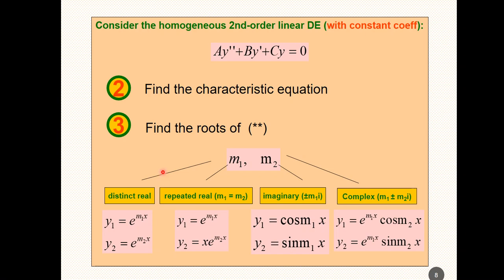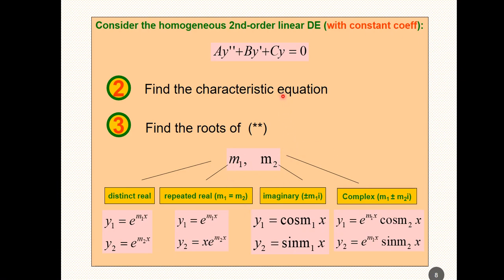Now, if this is your second order differential equation and you have already written the characteristic equation, from that characteristic equation you can find the roots. The roots tell you the form of the terms that should appear in the general solution of your higher order differential equation.